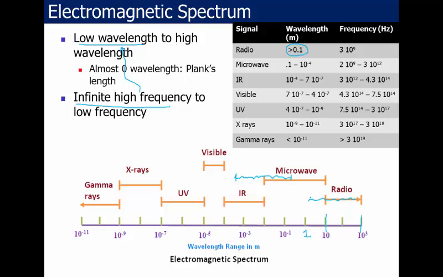Yeah, gamma over there. But the bottom line is that if we have that speed and a wave at that speed, and we know the wavelength, then we can find the frequency.